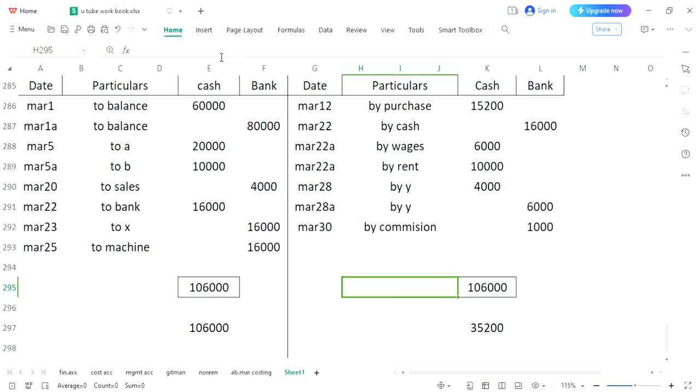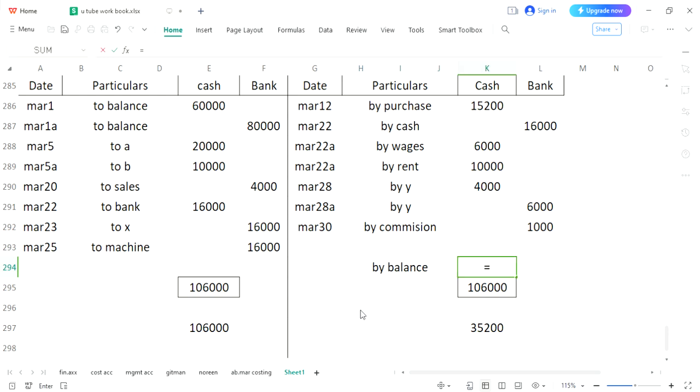Two steps completed. Now the third step is to choose the smaller side. Look, 35,000, 106,000. So the smaller side we have chosen for balance, and here we will calculate the balance. How? The smaller sum would be subtracted from the larger sum. The larger sum was 106,000 and you will subtract the smaller sum 35,200.